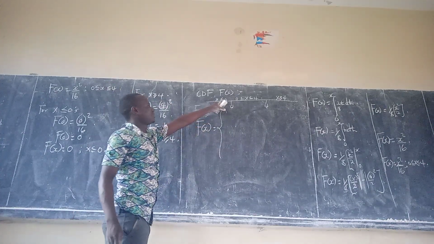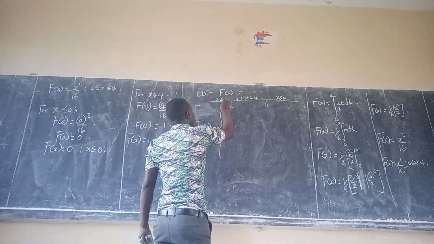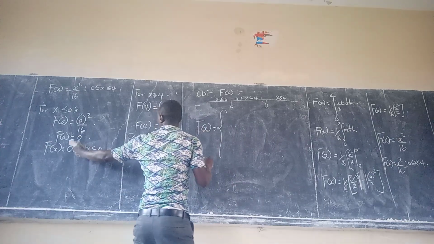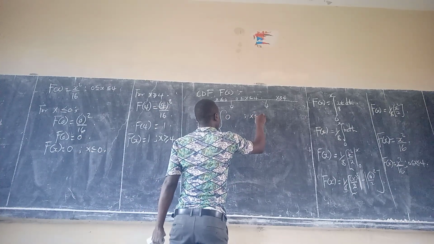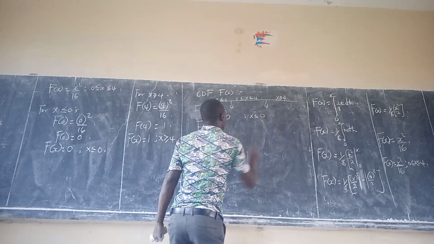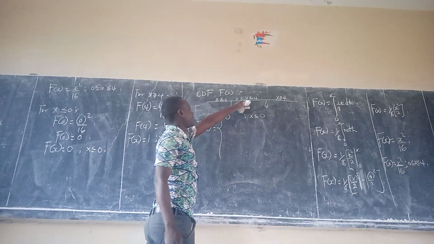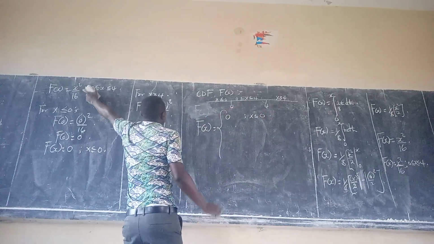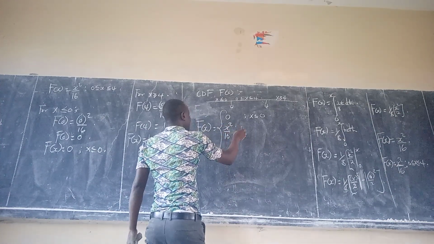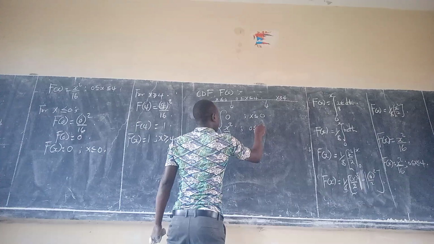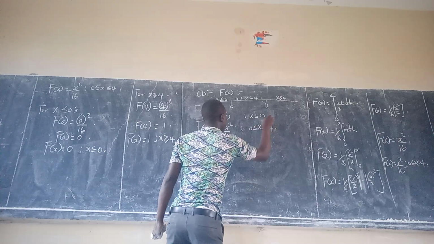we start with the first interval. It was a 0. It is a 0. That is when x is less or equal to 0. We go to this next interval. It is x squared over 16. This is when x is between 0 and 4.